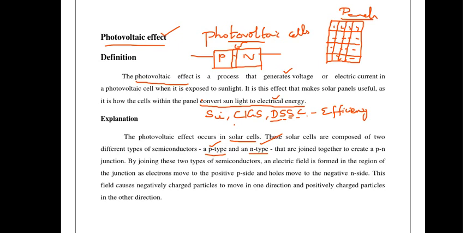When the light photon is incident on that, it will create holes and electrons. The holes will move towards the positive side, and the electrons will move towards the negative side. Due to this, a potential difference occurs, and it can be stored in the grid. Plenty of cells are there, so we can store it in the grid and use it for further purposes.